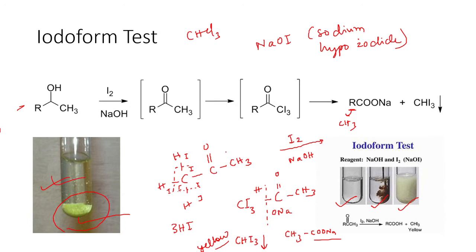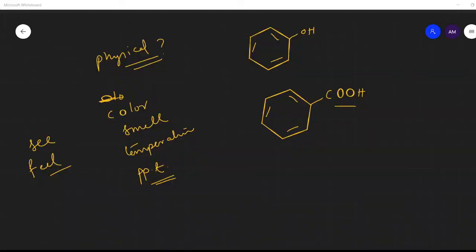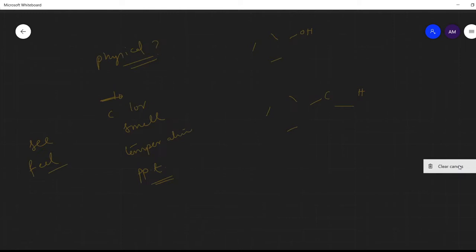Now another thing: how would you know basically whether this thing will undergo the iodoform test or will not undergo the iodoform test? So let me explain it on this board.